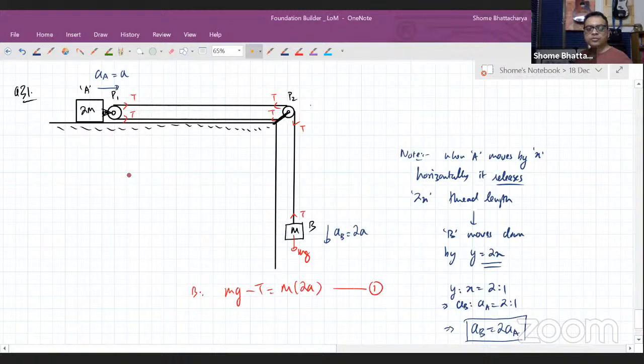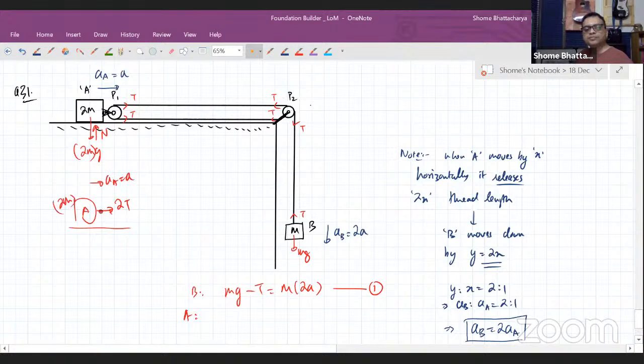Whereas for the block A, the weight is getting balanced by normal reaction, so you don't have to worry about that. But this 2T is acting horizontally on E, giving it an acceleration of E. But remember, mass of A is 2m. So 2T is equal to 2m into E.